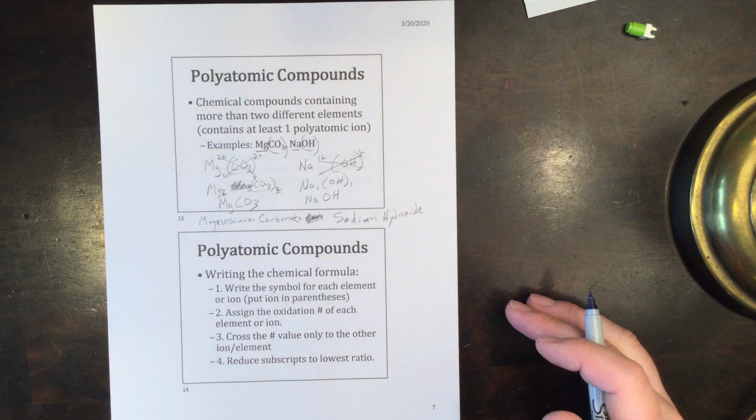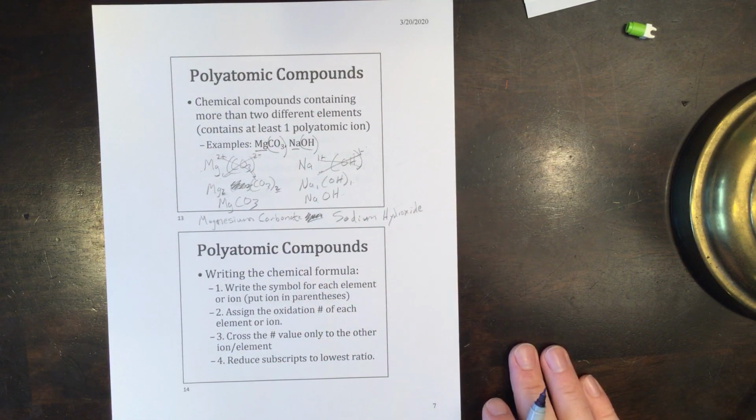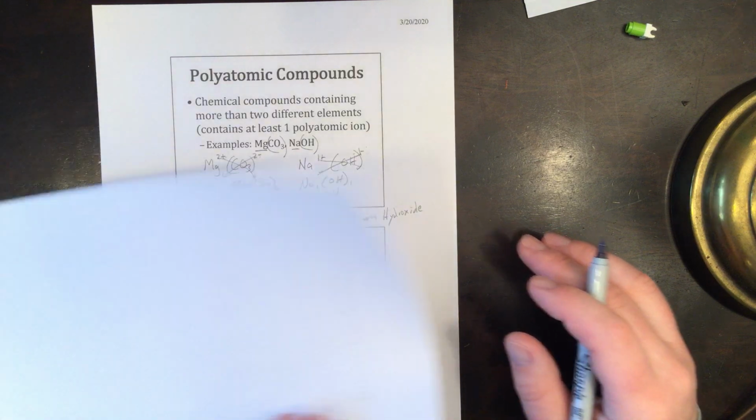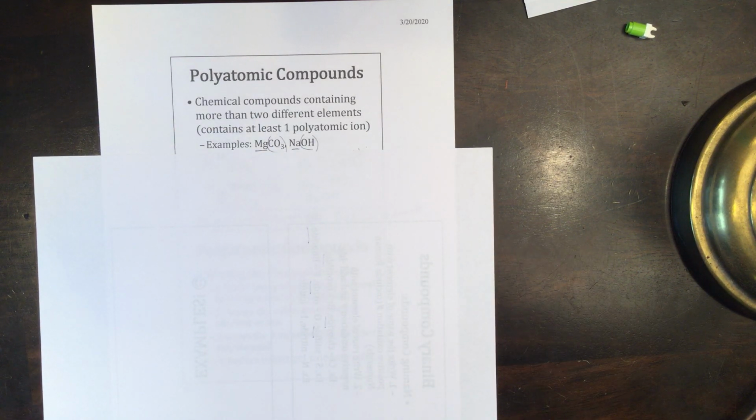Before we get into any more examples, we're going to look at the polyatomics. So here we have two examples. Let me cover this up real quick down here. I already mentioned what a polyatomic ion is. So how about a polyatomic compound? It's simply a compound that has a polyatomic ion in it.